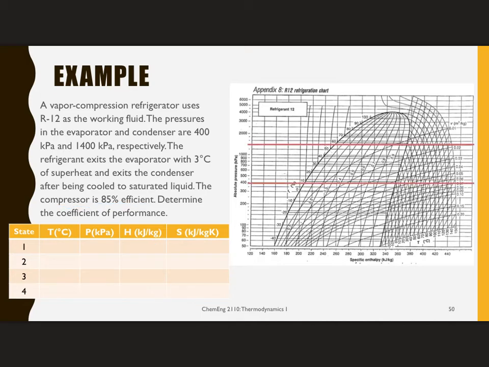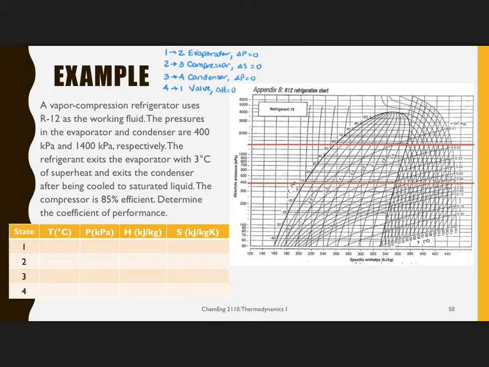Now, we know that we're operating between 400 kilopascals and 1400 kilopascals. So I have added red lines here to indicate those two pressures. We're going to use this so that we can find all of the necessary data. If you have a data table for this, or you might find a version online where you can put in the temperature and pressure, for instance, and have data provided to you, you might explore those options also.